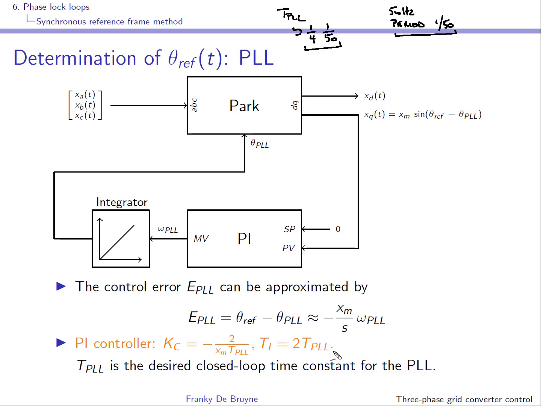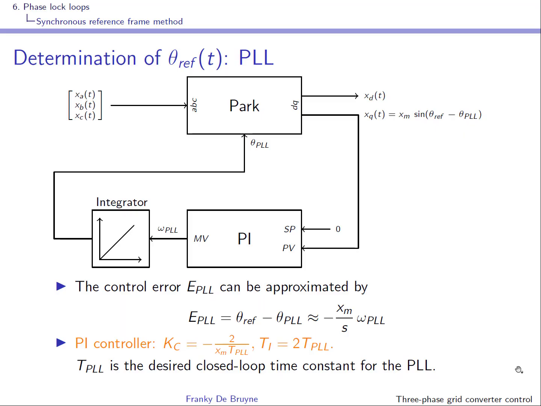So you have everything that you need for your PI controller, and the only thing that you need also, but I assume that this is clear for you, xm, this is the amplitude of my grid signal. So it's 230 volts times the square root of 2, because you need, of course, the peak value.